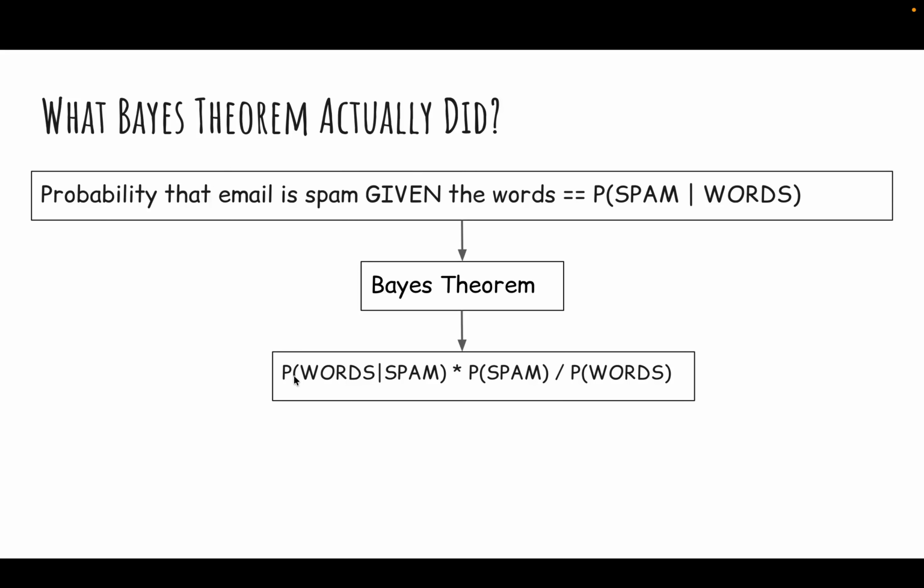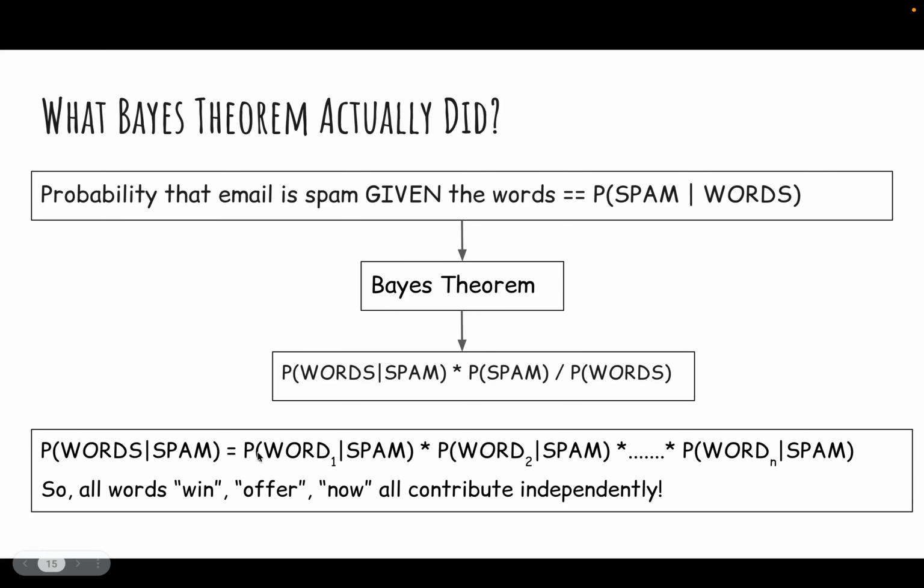Now this probability of words given spam is nothing but a combination of each word given the spam: word 1 in the spam, word 2 in the spam individually, and we multiply each of them together. So all the words win, offer, now all contribute independently, which is the basic assumption made by Naive Bayes.